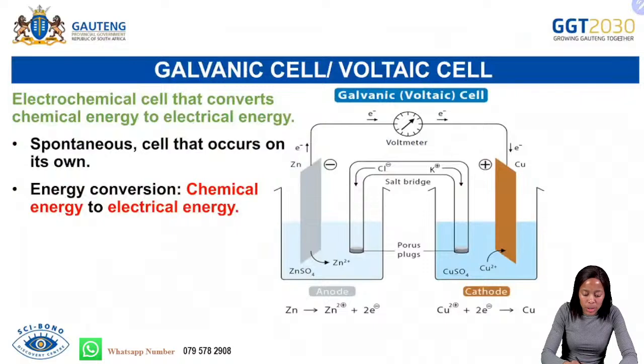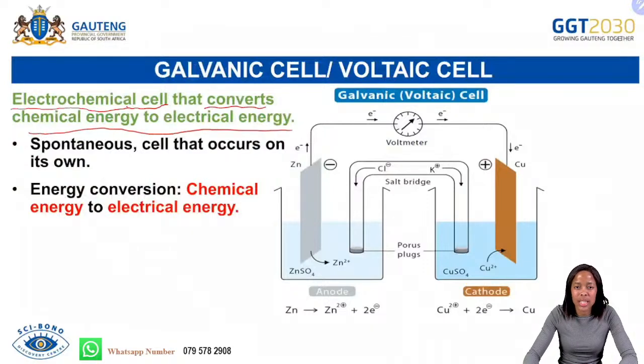The definition of a galvanic cell: an electrochemical cell that converts chemical energy to electrical energy. That is very important. You need to get your definition correct, because definitions are 2 marks or nothing, so it needs to be exactly the same as it is in the examination guideline.